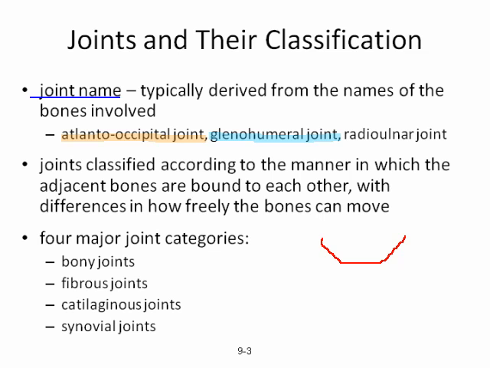If you go back and remember your bones, that glenoid cavity or glenoid fossa is concave. It dips in, it forms a cup. The head of the humerus ties in with that, and we refer to that as a ball and socket type of joint. The ball of the humerus fits into the socket associated with the scapula, in this case the glenoid cavity or glenoid fossa.